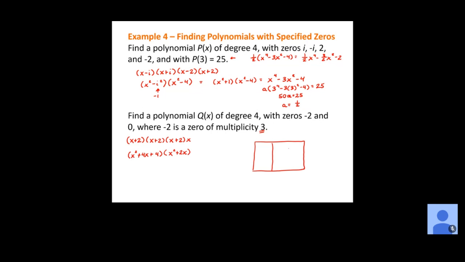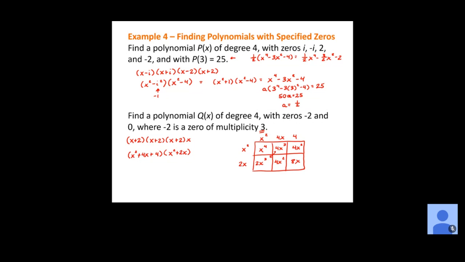I'm going to set up my box over here. I'm going to list out my x squared, positive 4x, positive 4. Across the side here, we have x squared, and we have 2x. Now we multiply. That's going to give us x to the fourth, 4x cubed, 4x squared, 2x cubed, 4x squared, and 8x.